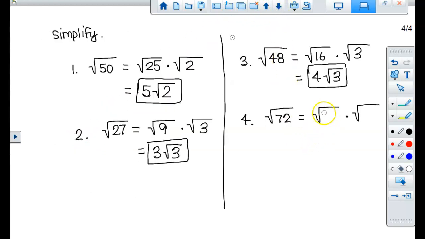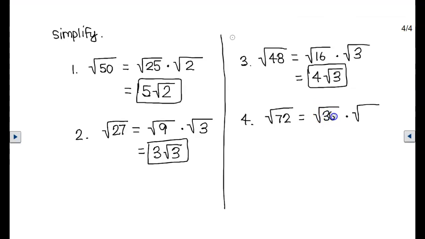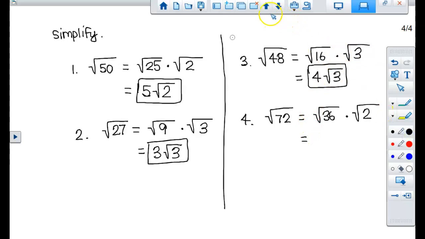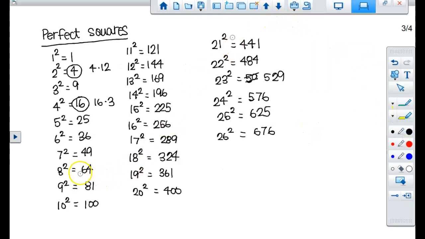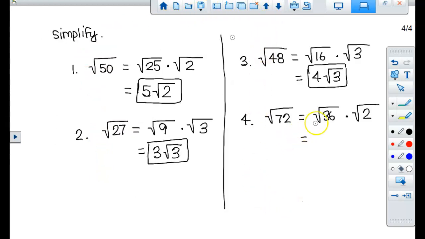I'm going to come back over here and I'm going to rewrite this as the square root of 36 times the square root of 2. And let me just say there, if you don't know whether 72 will divide by 36 or not, or any of those other numbers, use your calculator to find out. But always remember that you need to start at the perfect square that's closest to 72 and work your way up through the list so you are guaranteed that you will get that largest number.